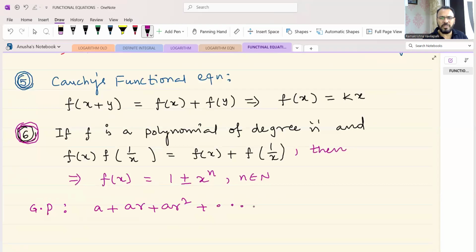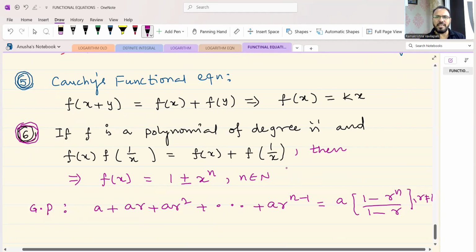Sum of n terms of a GP, with last term AR power n minus 1, equals A into 1 minus R power n by 1 minus R, for R not equal to 1. This is the GP formula which I am going to use to solve a certain kind of problems asked in JEE Main, especially based on these functional equations.